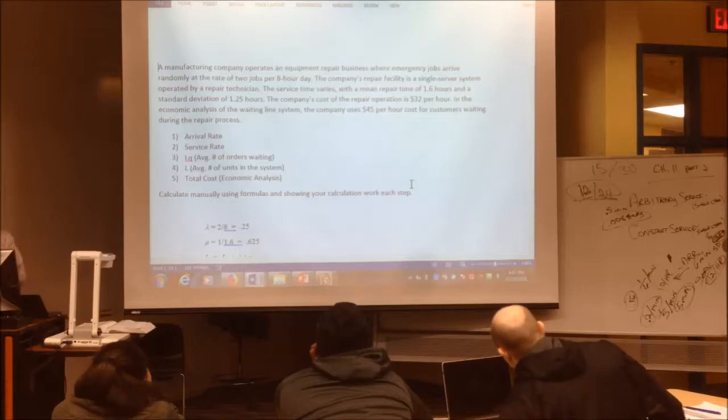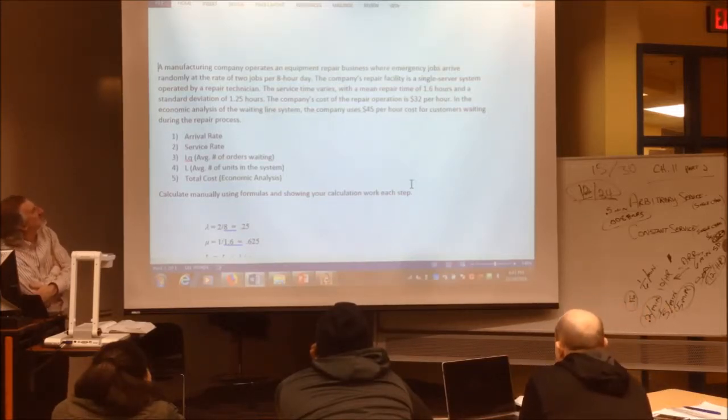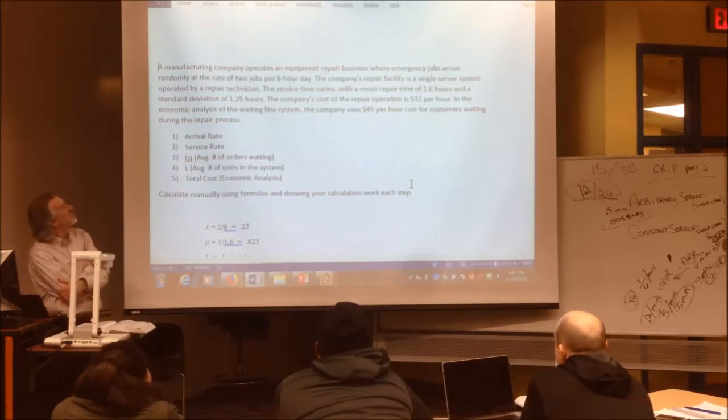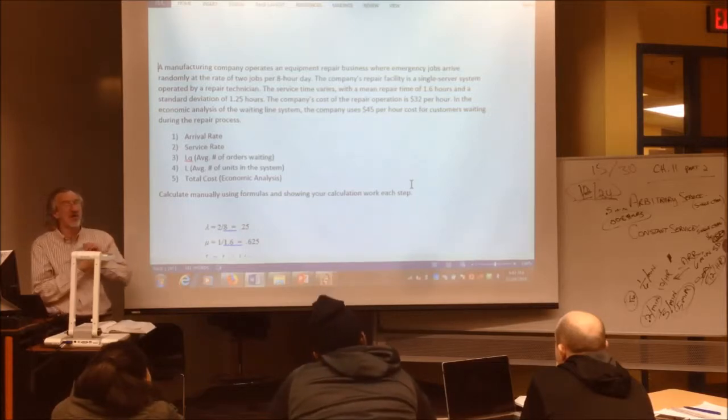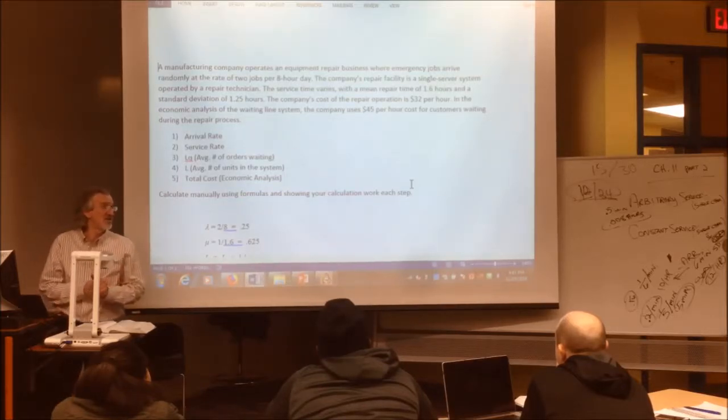There's the rate. Next, it says the company's repair facility is a single service system, single channel, operating a repair technician. The service time varies with a mean repair time of 1.6 hours. Does this need to be converted or is it a rate? The mean time it takes to do a repair is 1.6 hours. It needs to be converted.